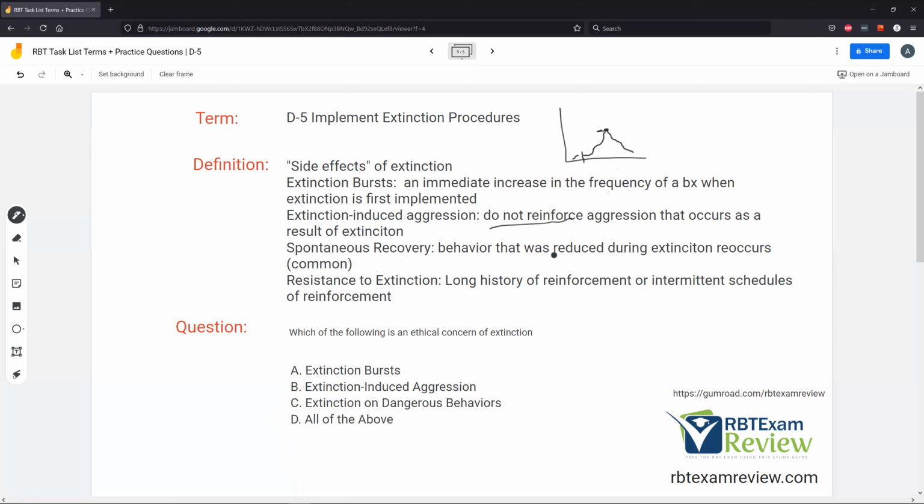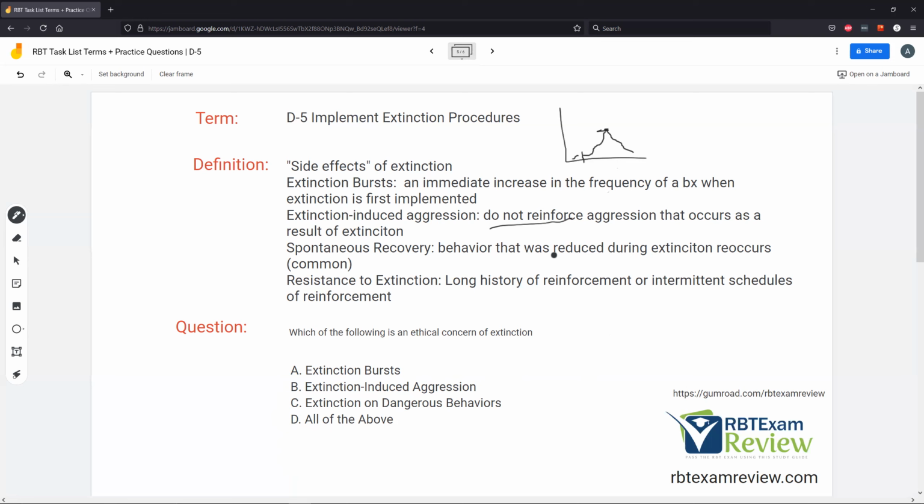So these are side effects, these are ethical concerns, and they need to be discussed with the client or the caregiver, the RBTs, anybody on the team. Everybody on the team needs to be aware of these side effects, both for ethical concerns and behavioral concerns. Because when you implement extinction, it needs to be done 100% of the time. Extinction can't occur sporadically. If you're going to do extinction, it needs to be consistent. It needs to occur every time.